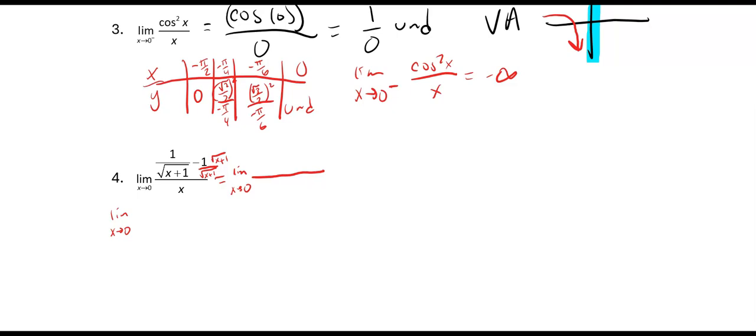So common denominators: 1 minus the square root of x plus 1, divided by the square root of x plus 1, all over x. Which now you can really, if you understand keep, change, flip, then you know that this x, if you were to flip it, it would be this because you're dividing by a fraction. 1 times its top is just its top.